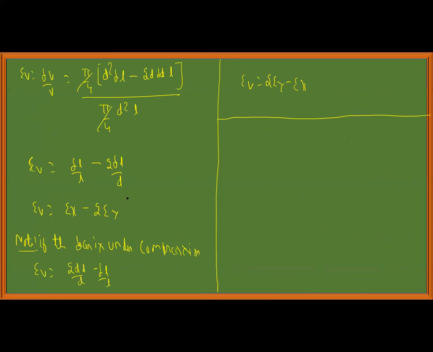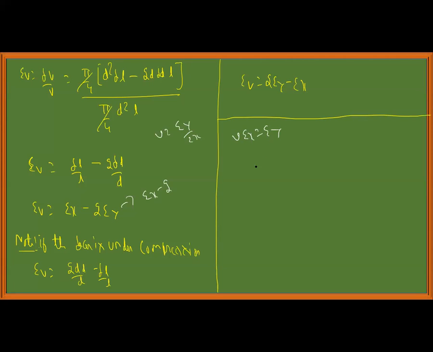It remains the same. Epsilon y by epsilon x is equal to mu times epsilon x.